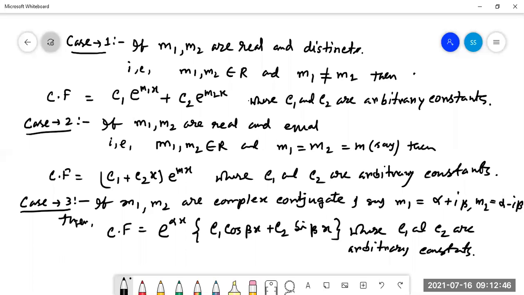And when the roots are complex conjugate, say m1 equal to alpha plus i beta and m2 equal to alpha minus i beta, then CF equals e to the power alpha x into (C1 cos beta x plus C2 sin beta x). Obviously here also C1 and C2 are arbitrary constants. In all the cases, we are taking 2 arbitrary constants.